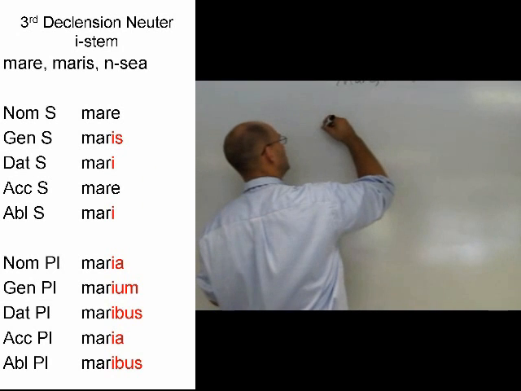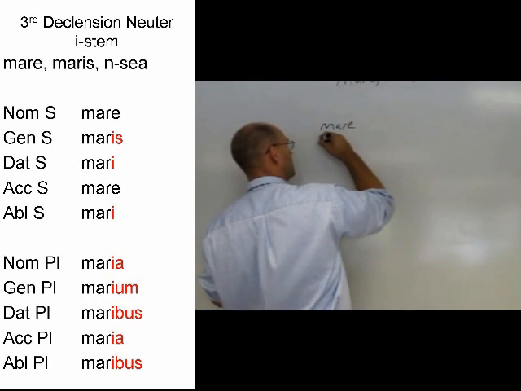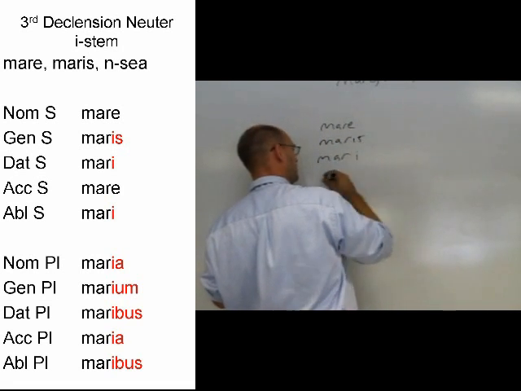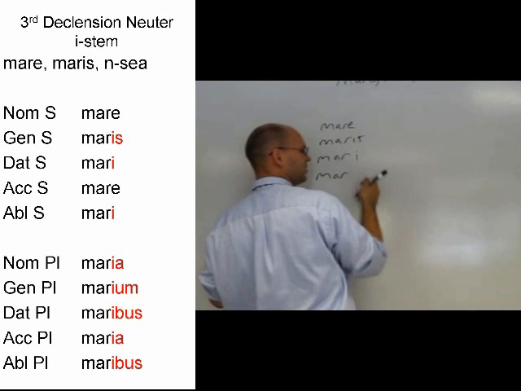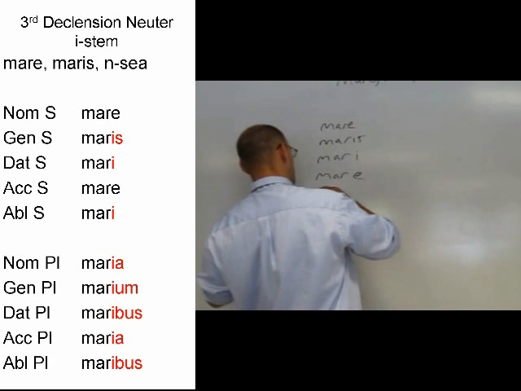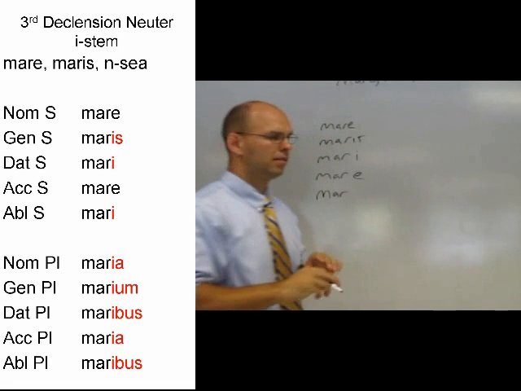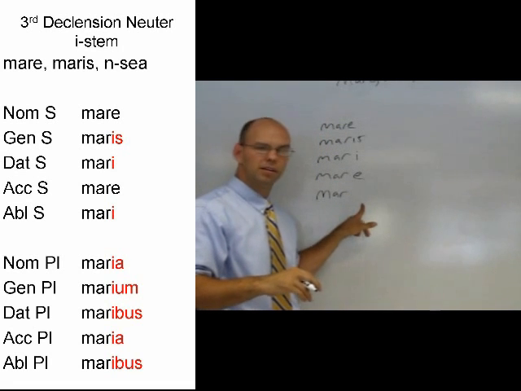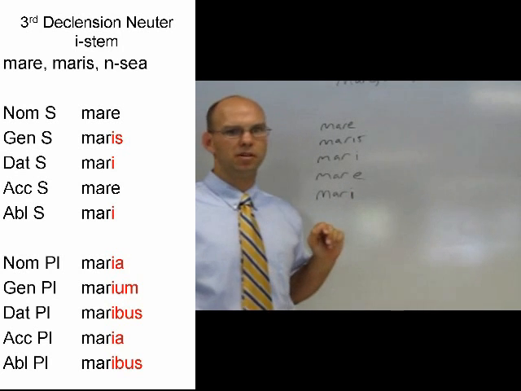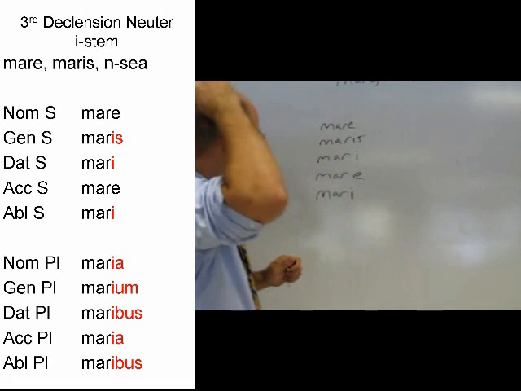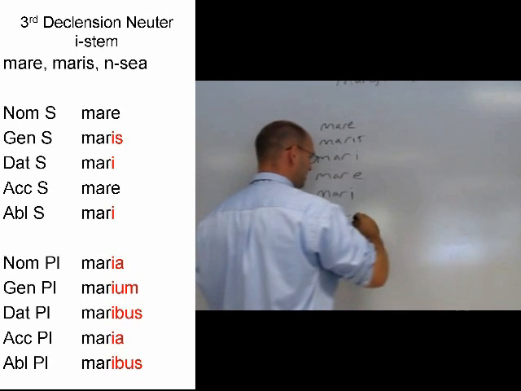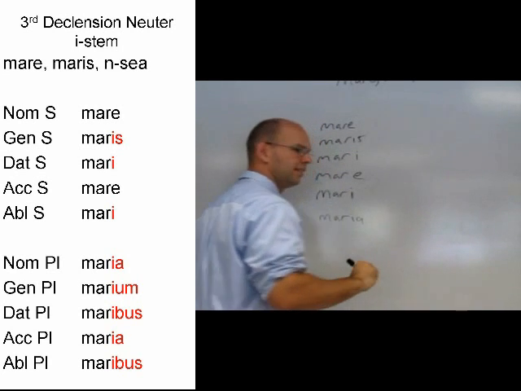And so we go mare, maris, mari, neuter law, same, mare, nominative and accusative, always the same, neuter law. Here's another one. The ablative singular for the neuter I stems is always I. Is always I. And then the nominative plural is not just A, it's IA.